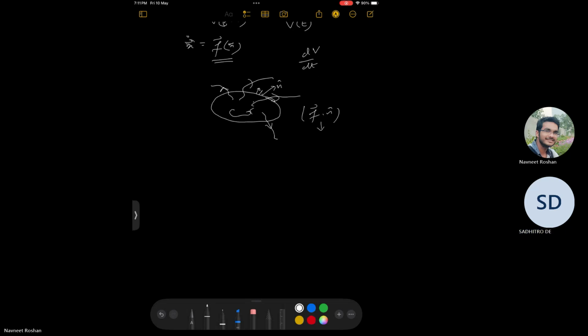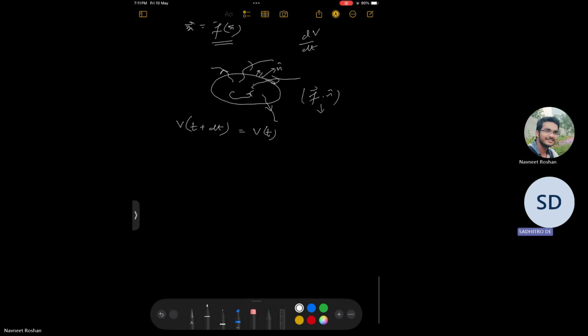So then the evolution equation for the volume can be written in terms of this thing. If dt is a small increment in time, then the volume evolves in this manner.